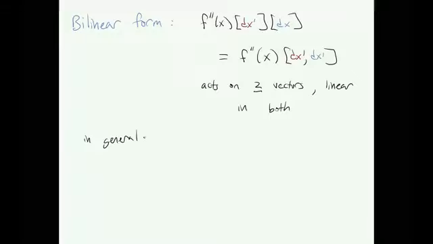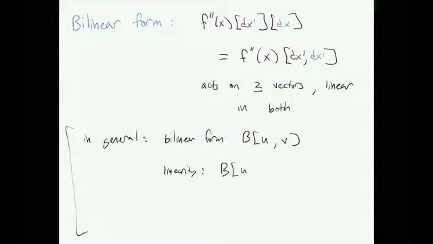Let me just remind you of linearity. You have a bilinear form, call it B, that takes in a vector u and a vector v. And linearity means if you take B of u1 plus u2, comma v, that had better equal B of u1, v plus B of u2, v.